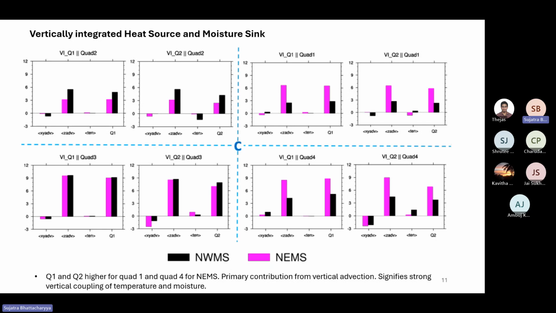The highest variability mostly comes in the third quadrant, Q1 and Q2. You can see this from this particular plot. And this makes sense because the maximum convective activity is more concentrated in the southwest quadrant. Hence, this variability is more in this particular quadrant. So again, this gives us a perspective that in the northeast moving cases, the depressions don't have rainfall or convective activity only localized to the west of the depression, but there is also strong convective activity to the east of the depression itself.